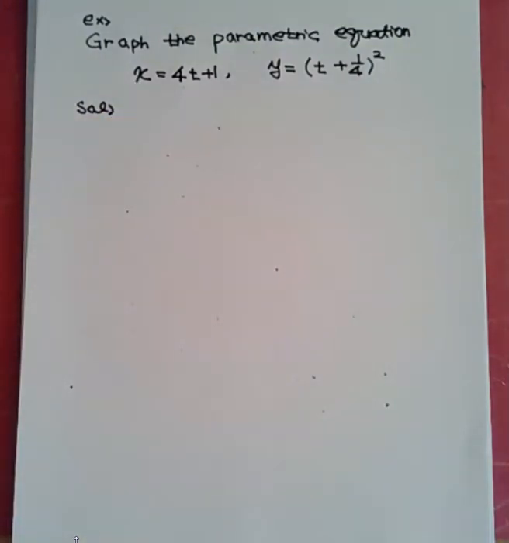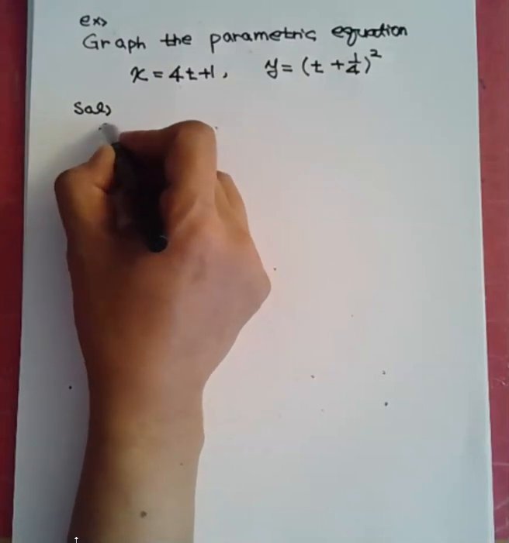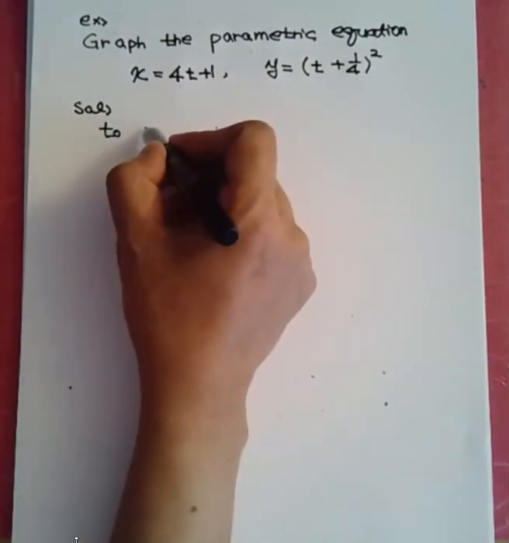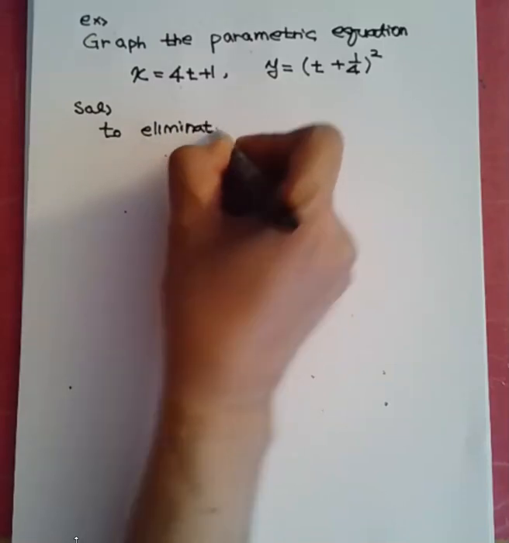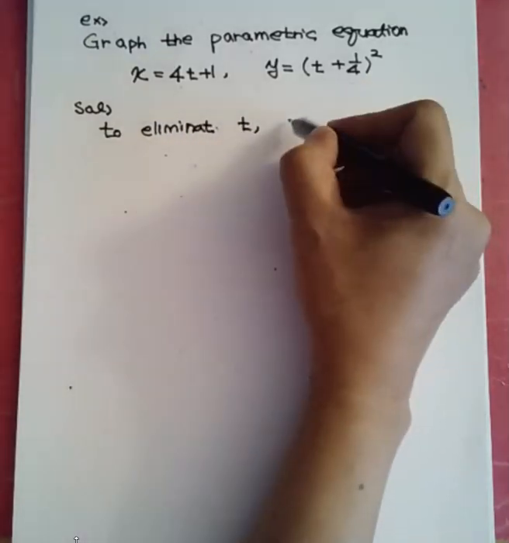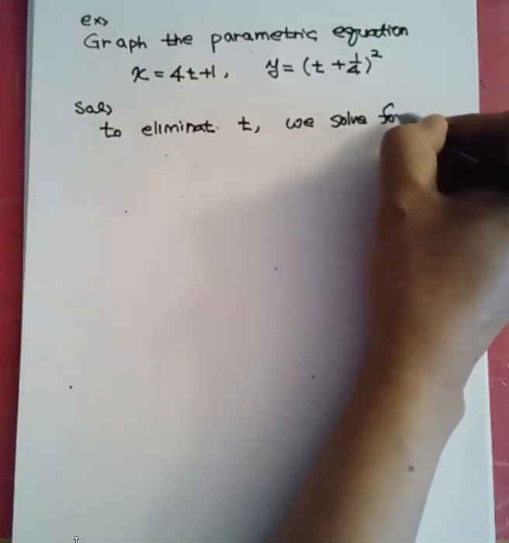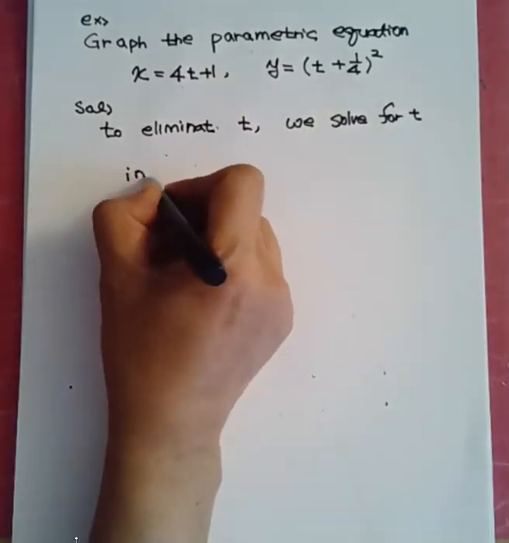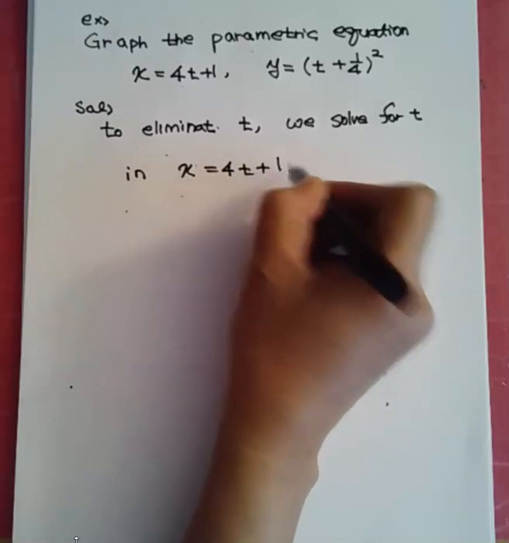We want to eliminate t in the equation when we form the rectangular equation. So to eliminate t, we solve for t in the equation x equals 4t plus 1.